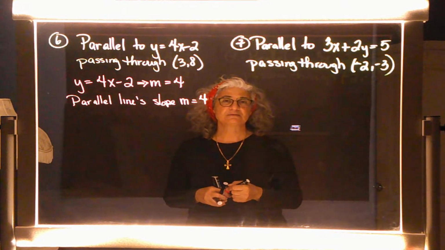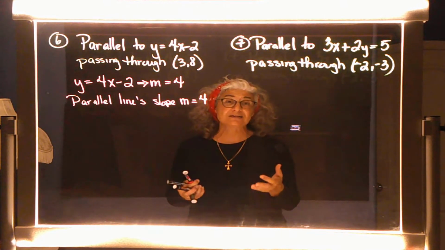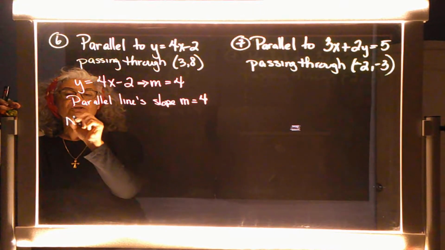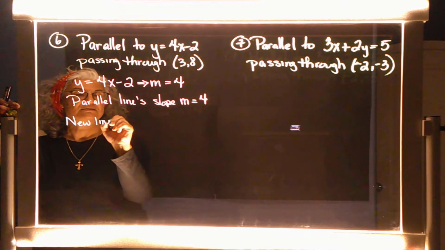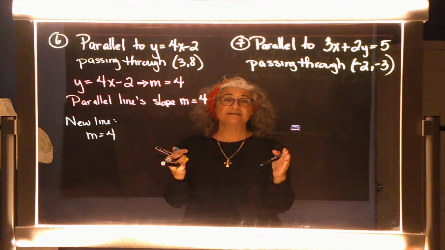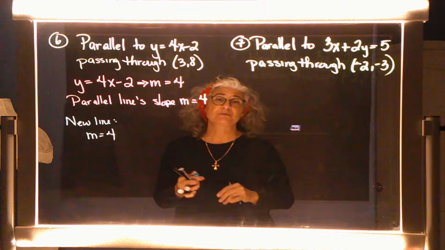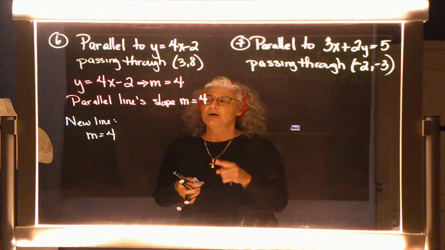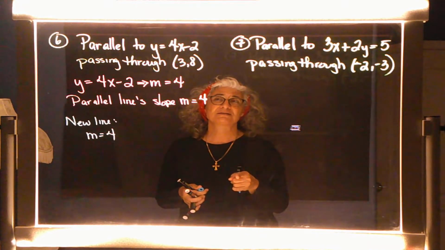Are you with me? So I got the slope for the new line, right? I know that the slope is 4. Make sense? Because it's parallel to y equals 4x minus 2, so they've got the same slope, don't they? Good.